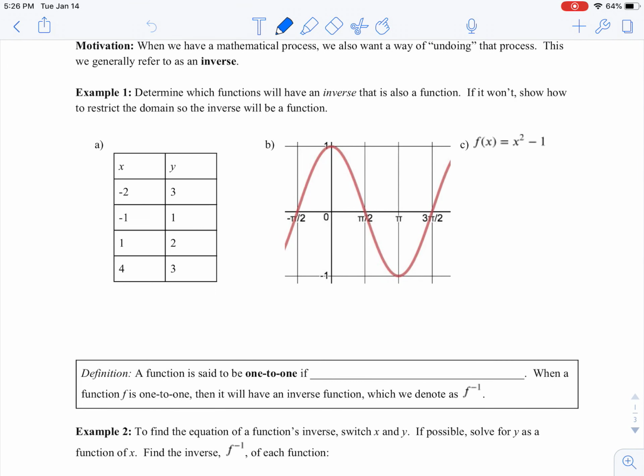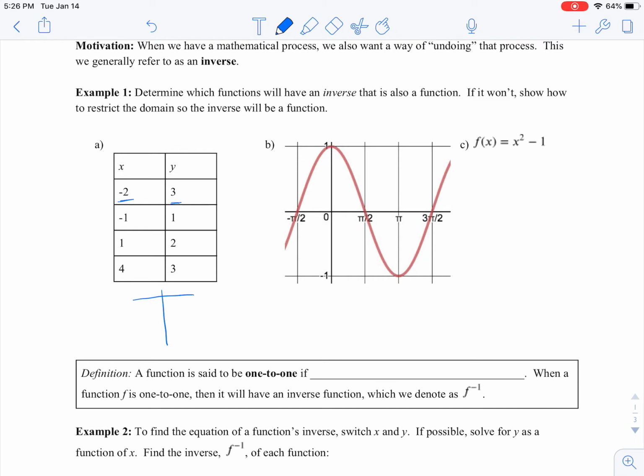So our first task, example 1, says, determine which functions will have an inverse that's also a function. If it won't, show how to restrict the domain so the inverse will be a function. If we look at example A, if we want a function that undoes a function, we would create a table. We put in -2 and get out 3.